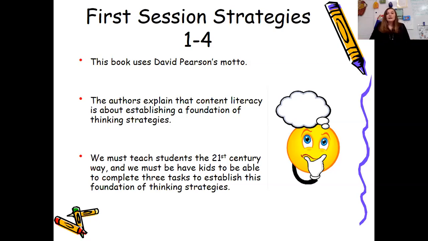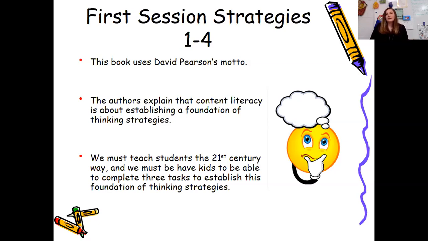And David Pearson's model is not just for one school day. He's referring to reading across the school day, across the curriculum, like I just said, the different content areas, and across the school year.